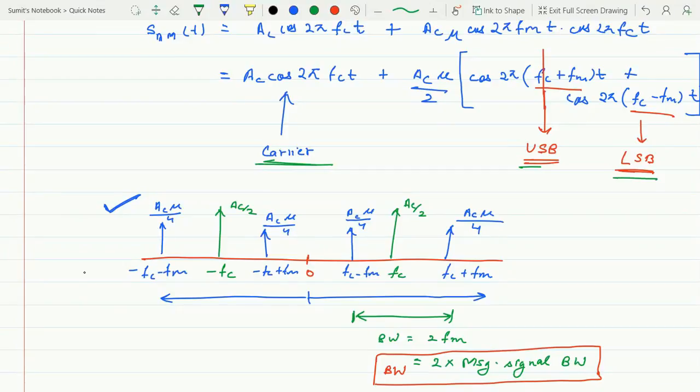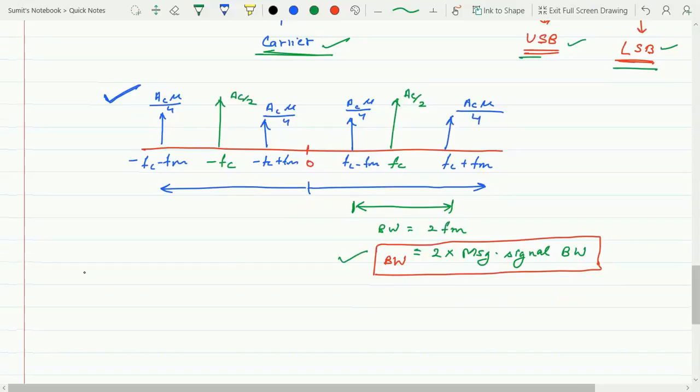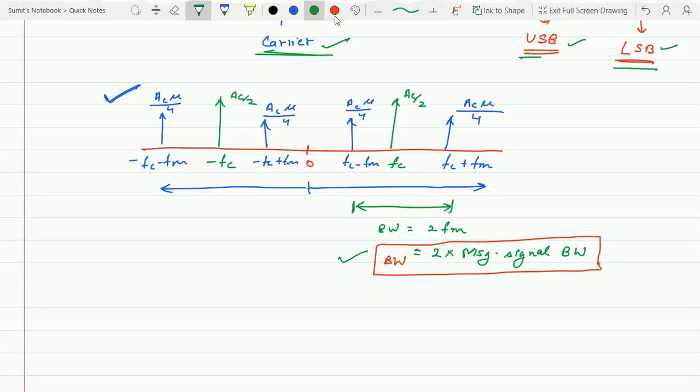So this part is also important. You have to understand that AM has a carrier component, upper sideband and a lower sideband, and then again the same formula that we got, bandwidth is twice the message signal bandwidth. So these were the few parts of AM.